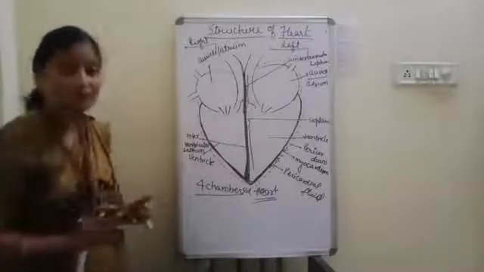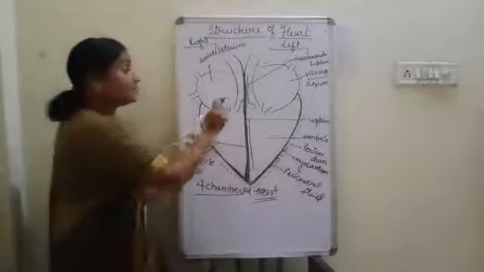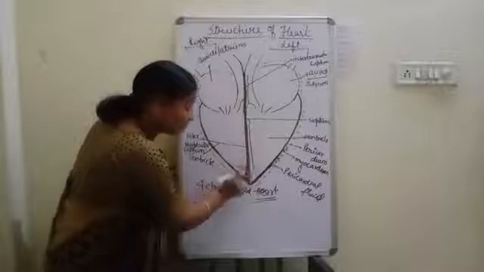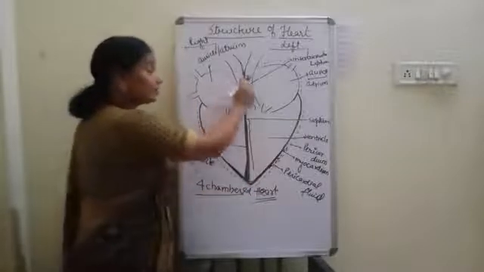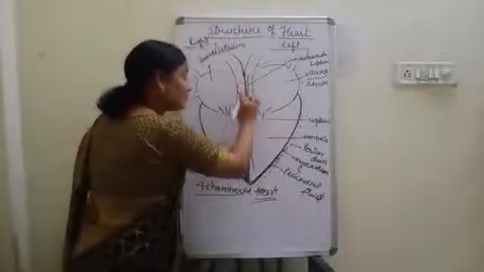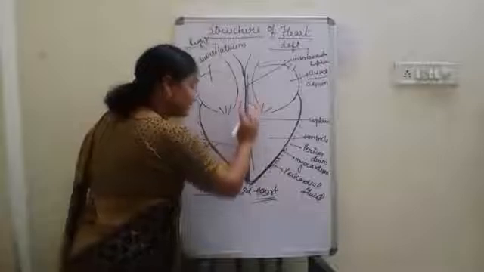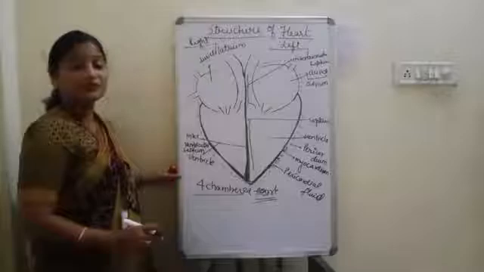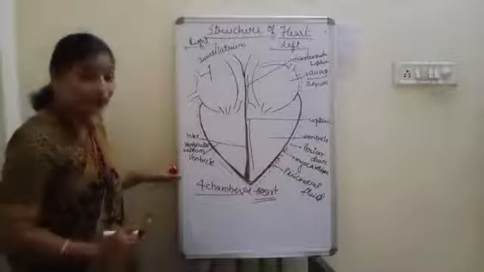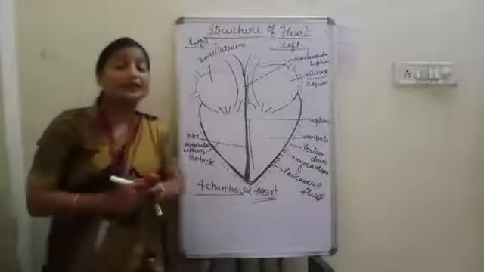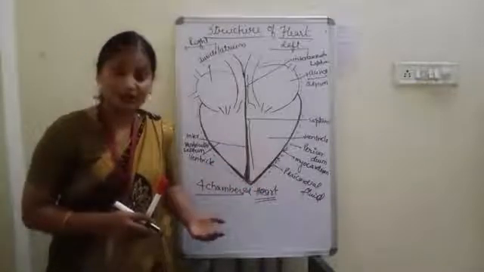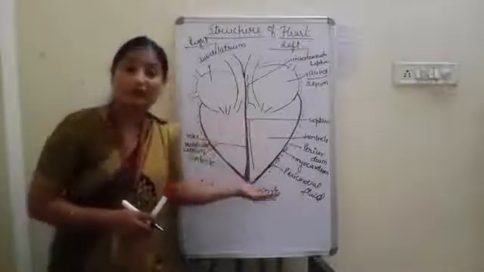Now one more important thing, children. The septum is thin at the top and it is thick at the base. You can see I have drawn it thin, and then it has become thick from the bottom side. Why is it so? Because the blood enters into the heart with pressure and it reaches the ventricle.